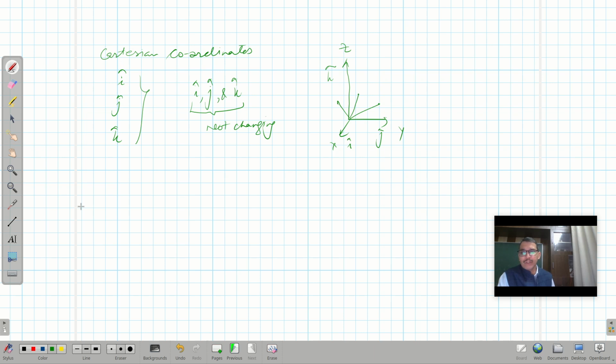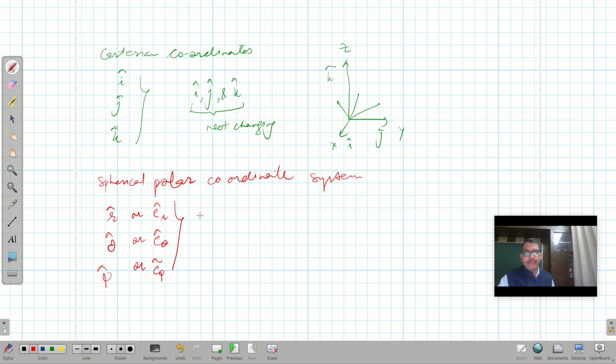For the spherical polar coordinate system, here r cap, theta cap and phi cap, or sometimes they are represented by e_r cap, e_theta cap and e_phi cap, represent the unit vectors.